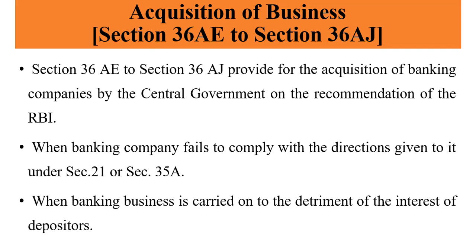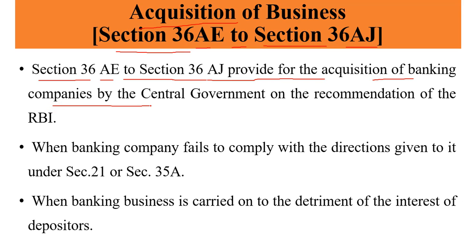Next is acquisition of business, section 36AE to section 36AJ. Section 36AE to section 36AJ provides for the acquisition of a banking company by the central government on the recommendation of RBI. Now, what is this acquisition?